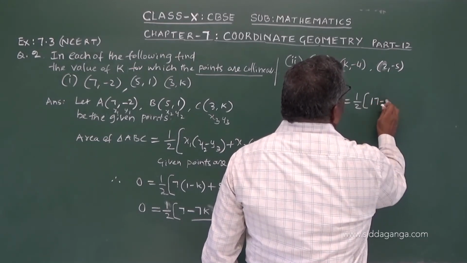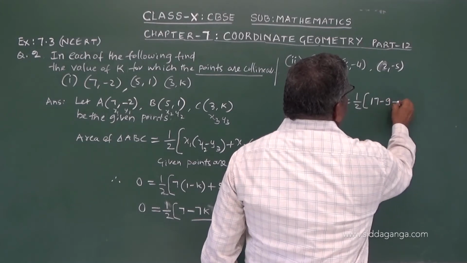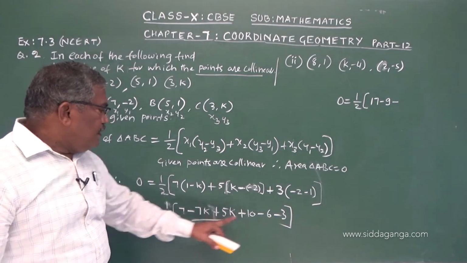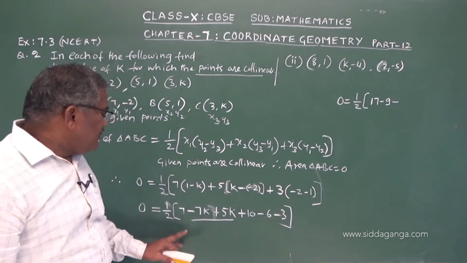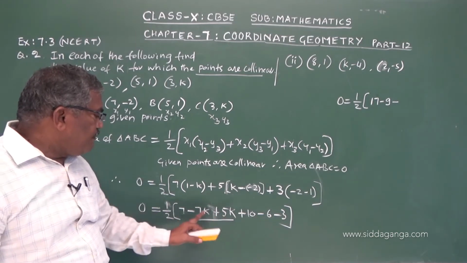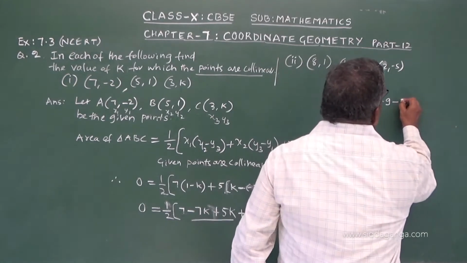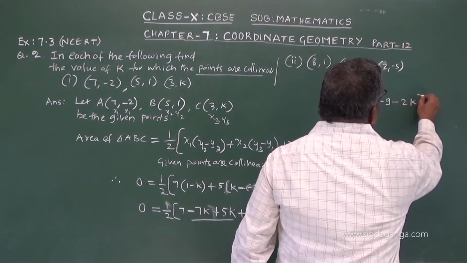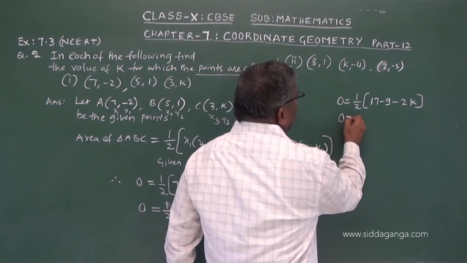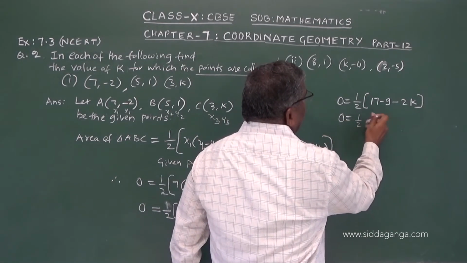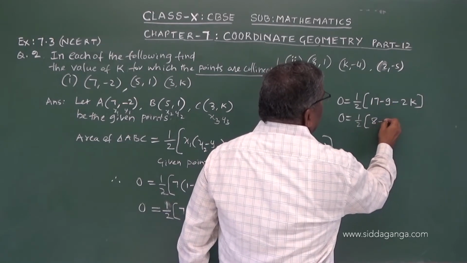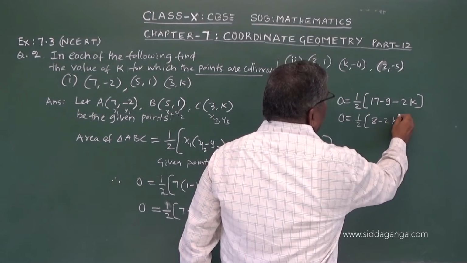Minus 6 minus 3 is minus 9. Close the bracket. So 0 equals 1 by 2 into (8 minus 2k).